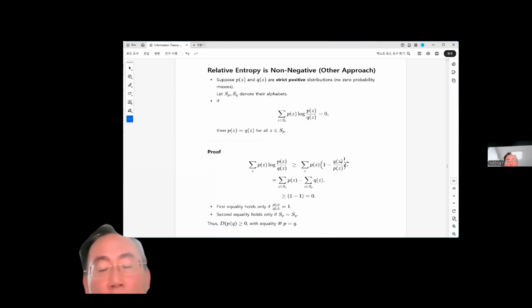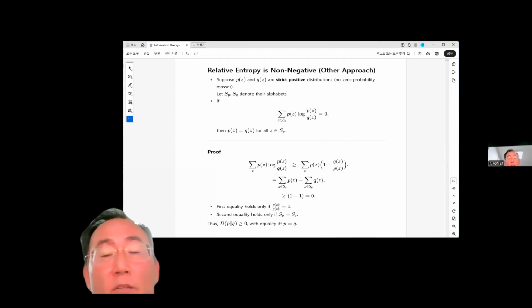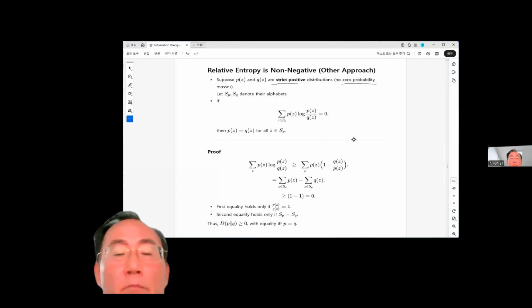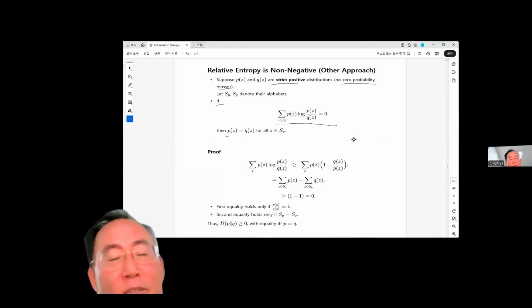And then here is another approach showing that relative entropy is non-negative, right? Again, suppose P(z) and Q(z) are strictly positive, no zero probability masses, same as before. And then if relative entropy is 0, then P(z) has to be equal to Q(z) for all z.